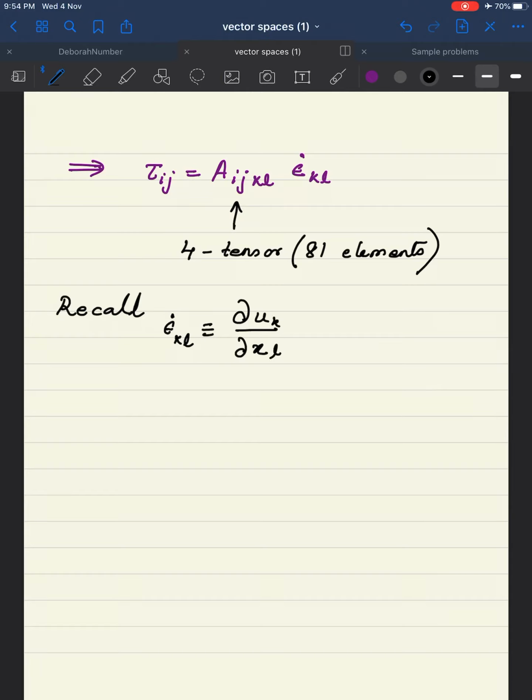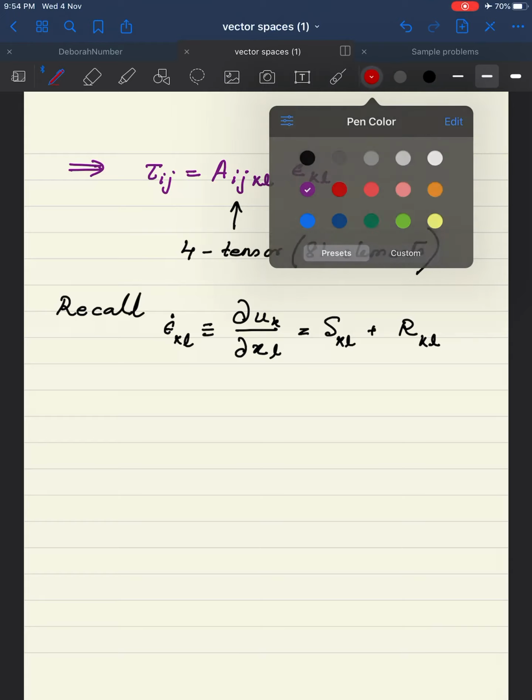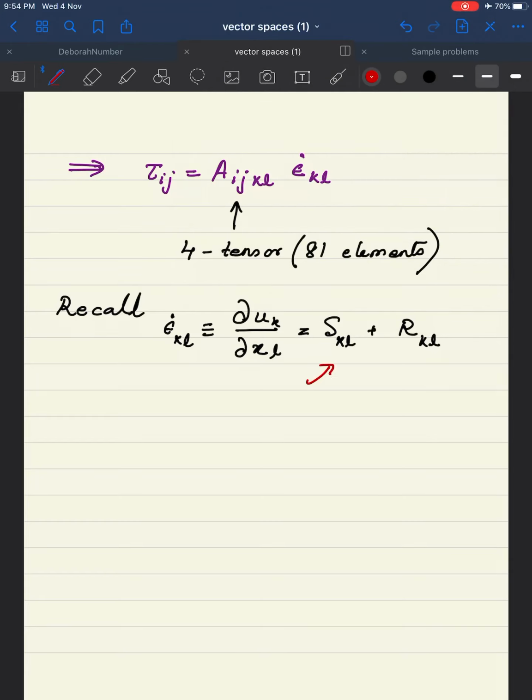And this is basically equal to SKL plus RKL, the two matrices, where this was a symmetric matrix and this was an antisymmetric matrix.